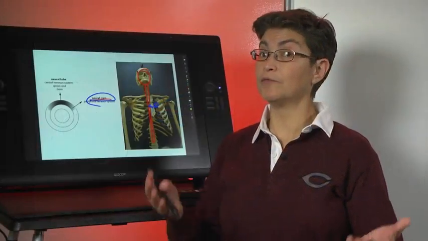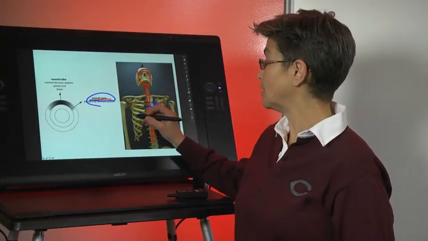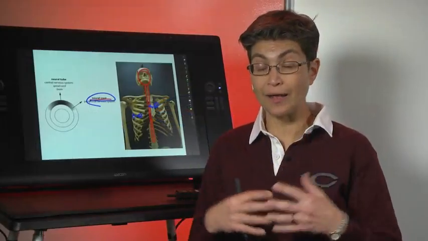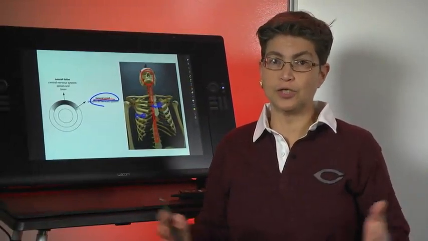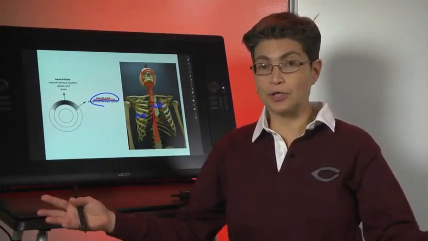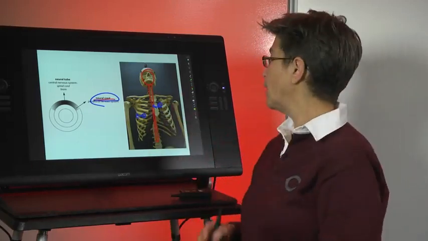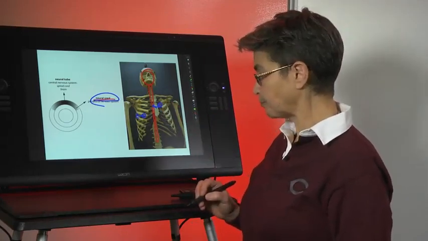So the second part of the peripheral nervous system are these autonomic ganglion neurons, and these are neurons that innervate things like sweat glands and hair follicles and the heart and the airways, the lung, the bronchi, and do things that we're not in conscious control of, such as sweating, piloerection, speeding up our heart rate or slowing down our heart rate. And these all come from the autonomic ganglia. And we'll look at them a bit more later.